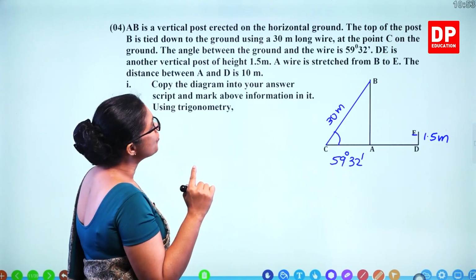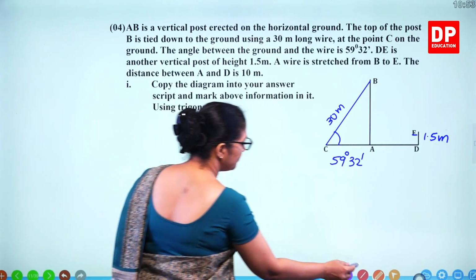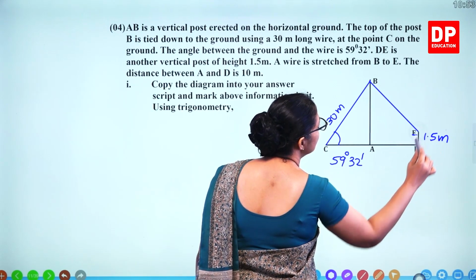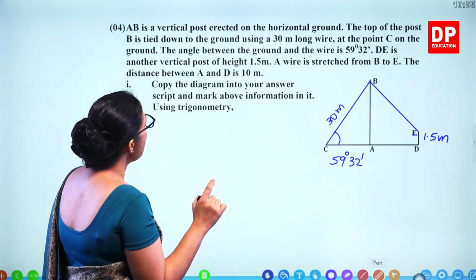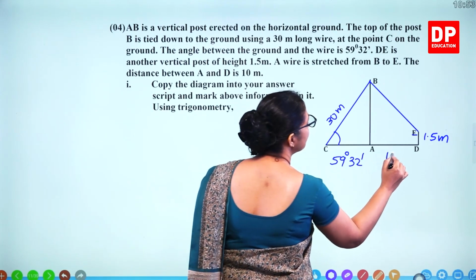A wire is stretched from B to E, here to here. The distance between A and D is 10 meters.